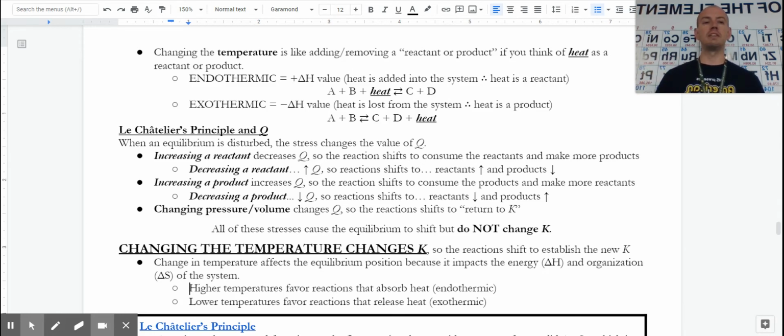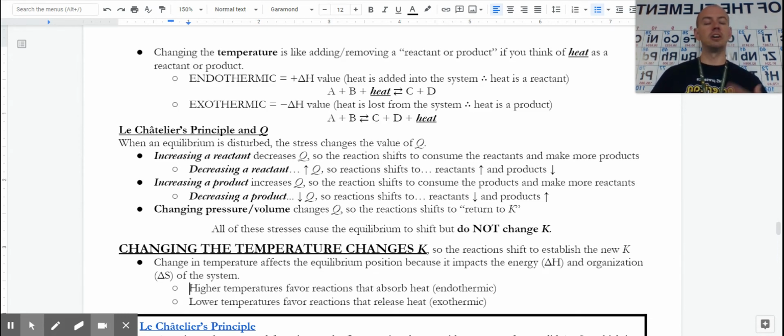And sometimes we default to thinking, if I have made some product or consumed some product, K changes. That's not true. Remember, it's shifting to get back to K. But in actually the largest font in this whole section of notes, changing the temperature does change K. That's because, as it says right here, temperature impacts the two major things that determine what the equilibrium position should be.